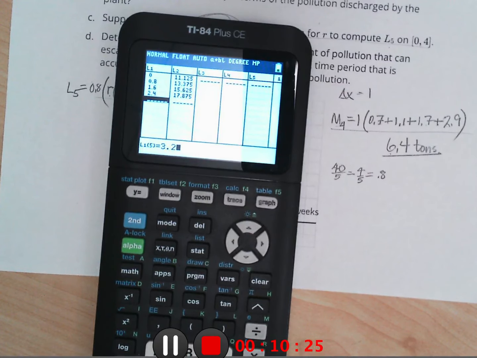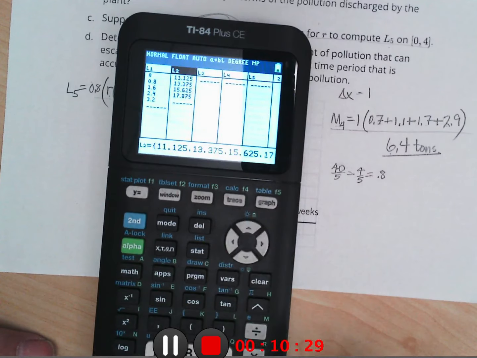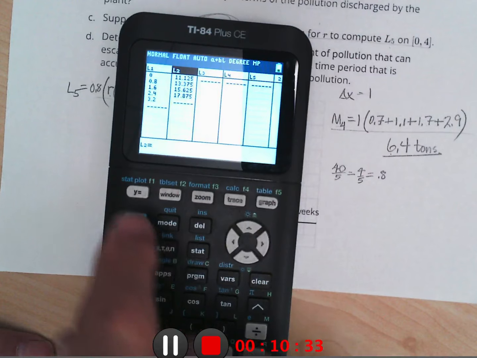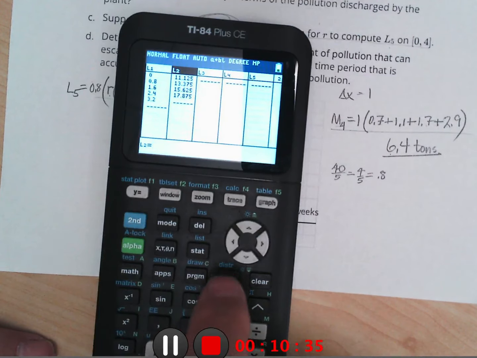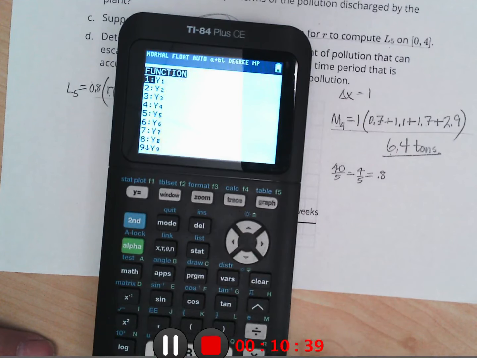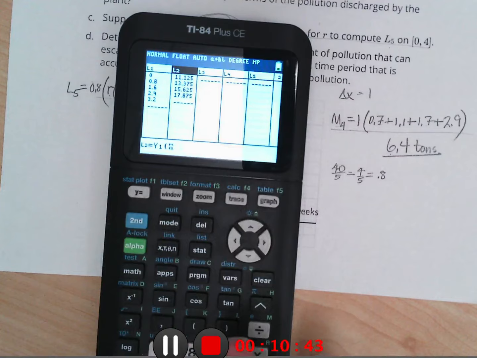And I'm going to come over here and clear that list and put in vars, y variable, function, y1 of list 1. That'll be the easy way to put those in.